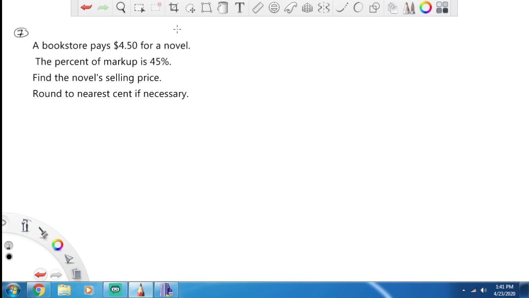But this is number 7. So here a bookstore pays $4.50 for a novel. So the store is paying $4.50 for the novel. The percent markup, so your markup rate, is 45%, which again, we can't really use as 45%.